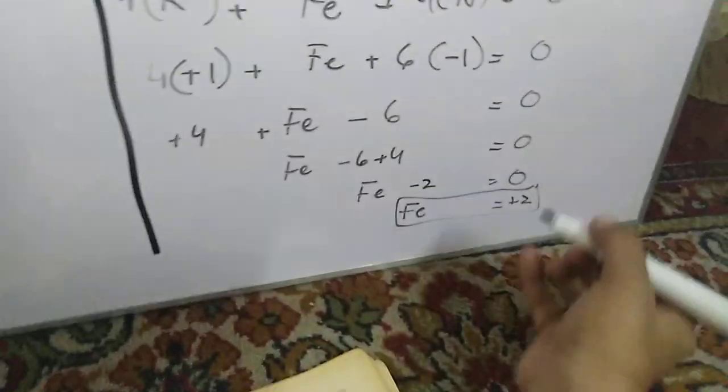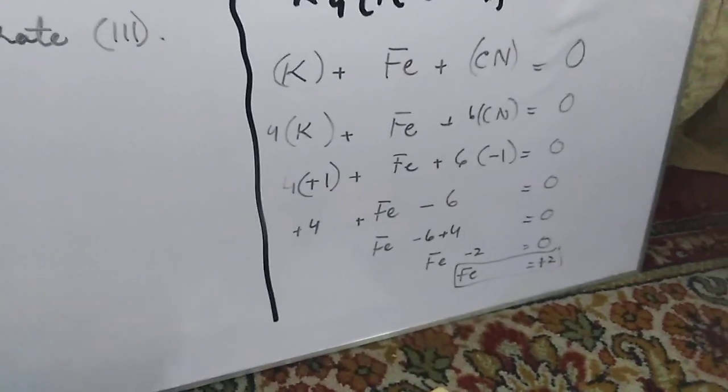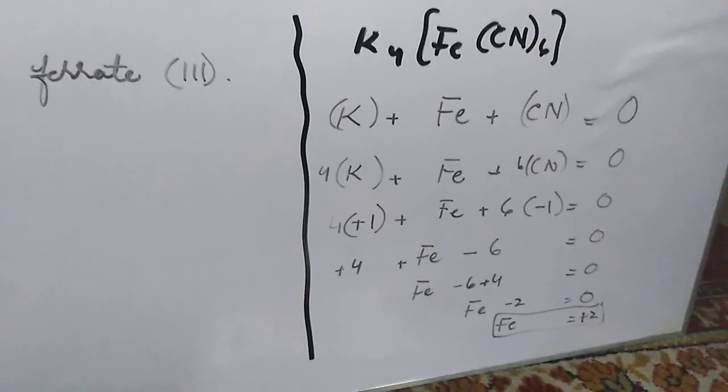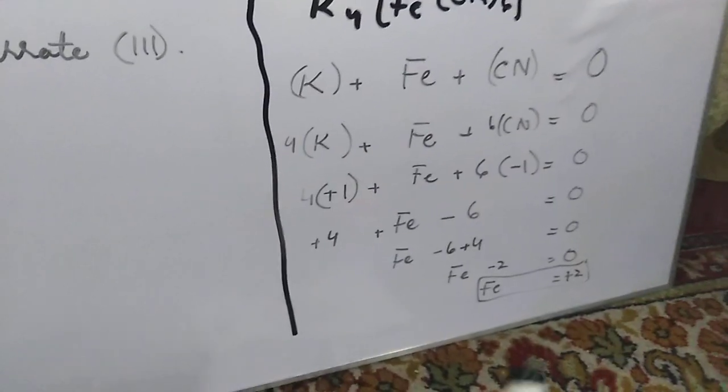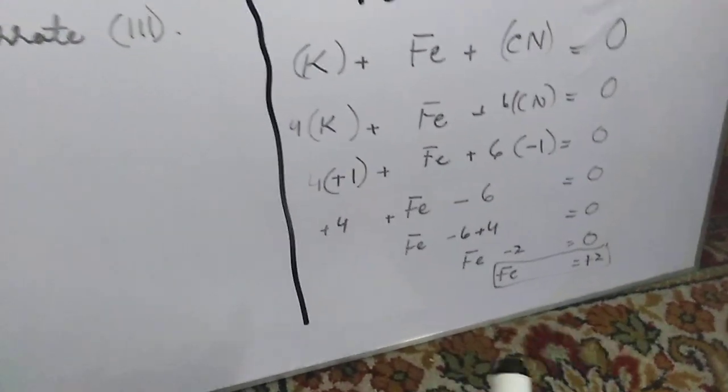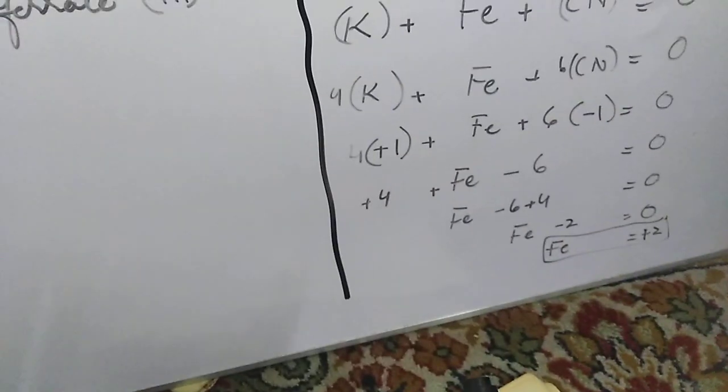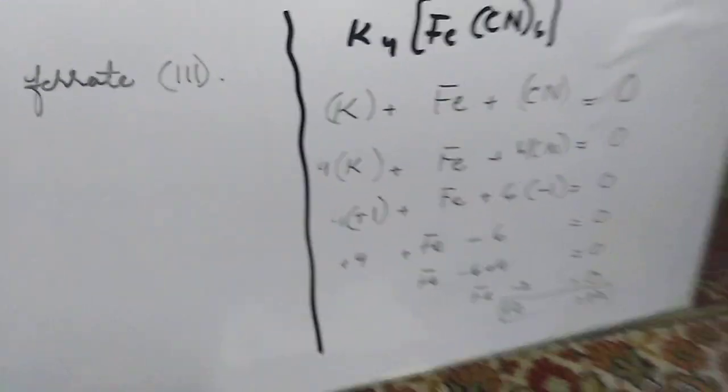The plus sign is very important; you can't skip writing it. We know that if nothing is written, it means a positive value. But in the case of oxidation state and charges, cationic or anionic, the plus and minus signs are very important, and we have to show them. So it is +2.